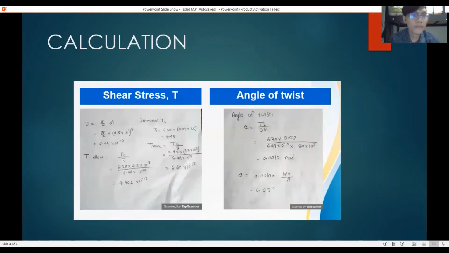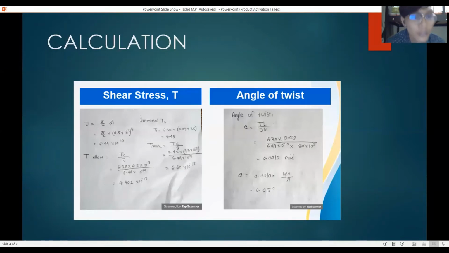For the calculation of shear stress, J equals pi over 2 times c to the power 4. We calculate pi over 2 times (4.5 times 10 to the negative 3) to the power 4. We get 6.44 times 10 to the negative 10.